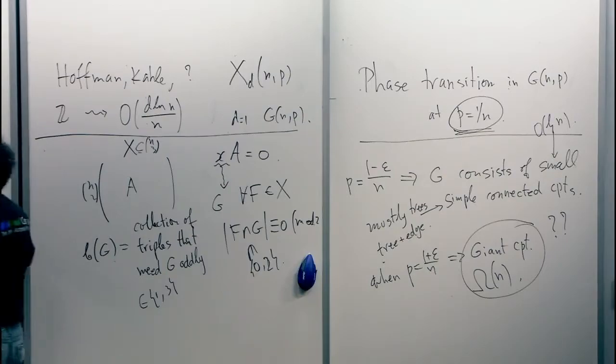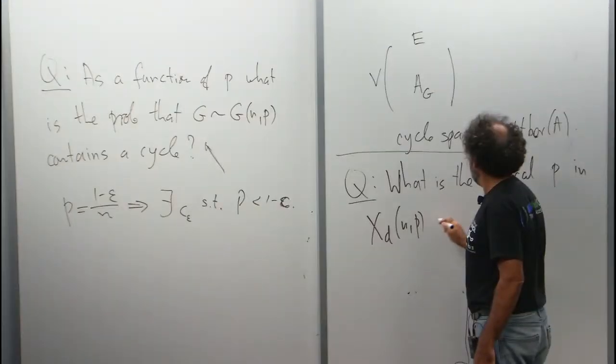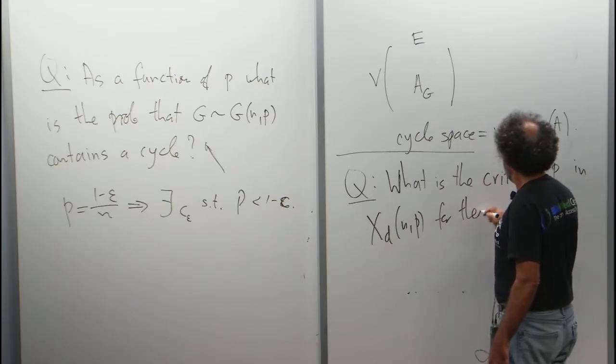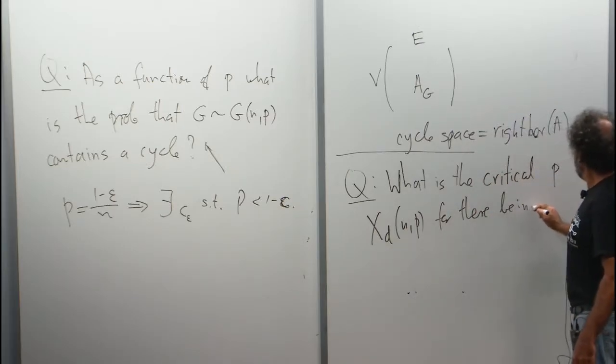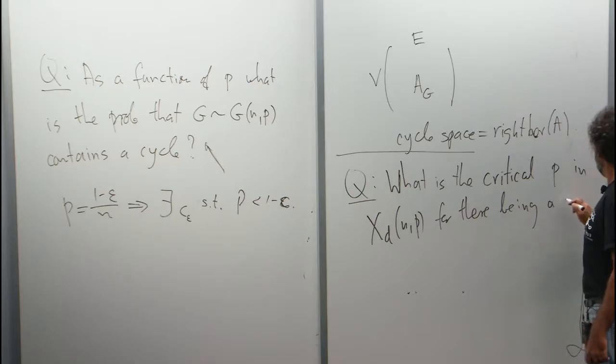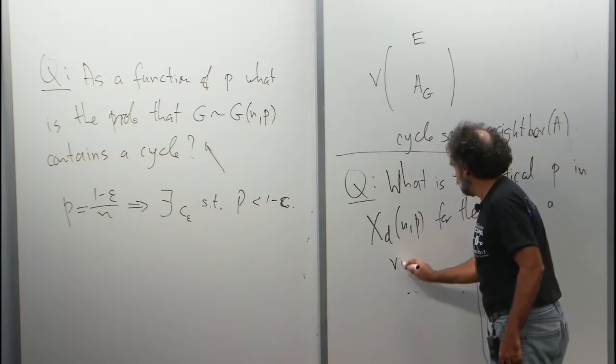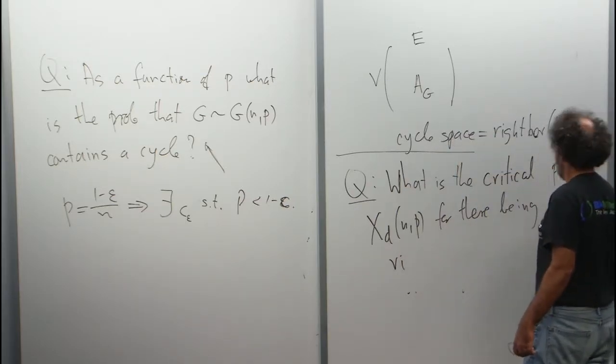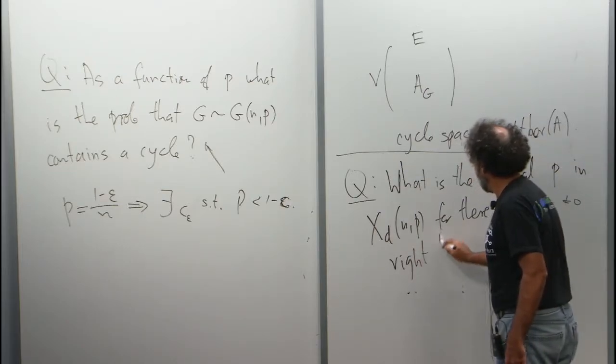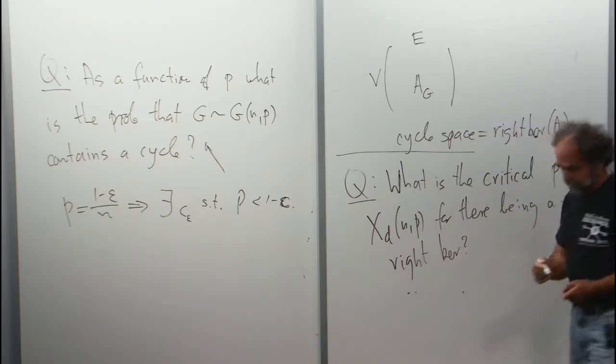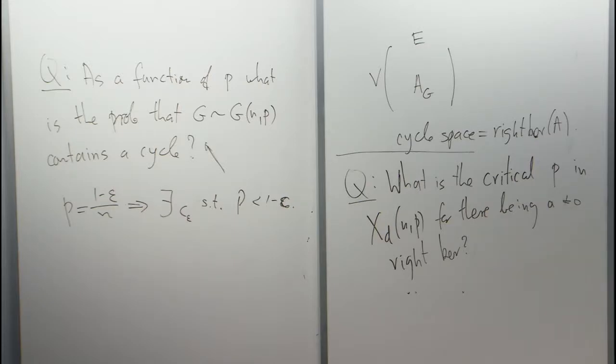What is the critical p in X(d, n, p) for there being a non-zero right kernel? In the case of d equals 1, we know the critical p is 1 over n.